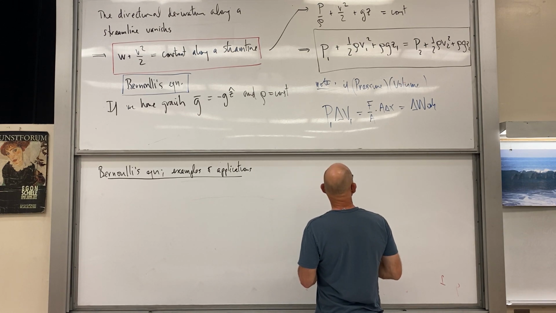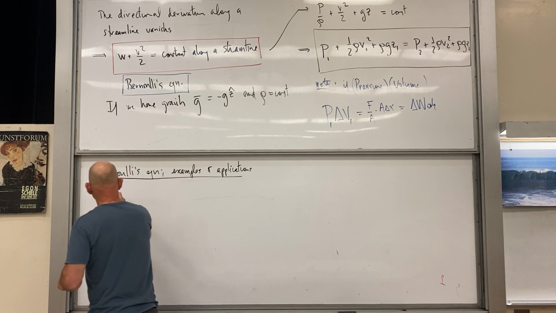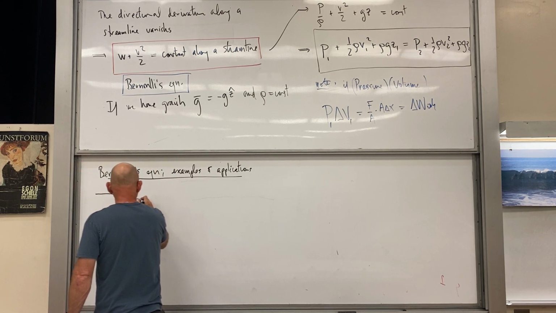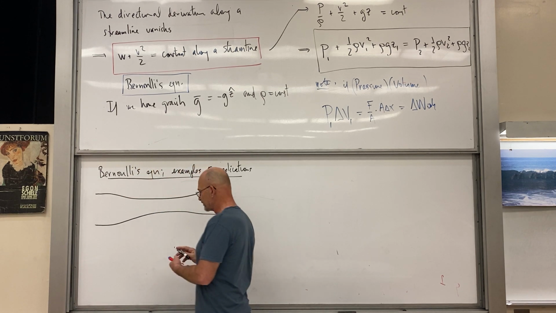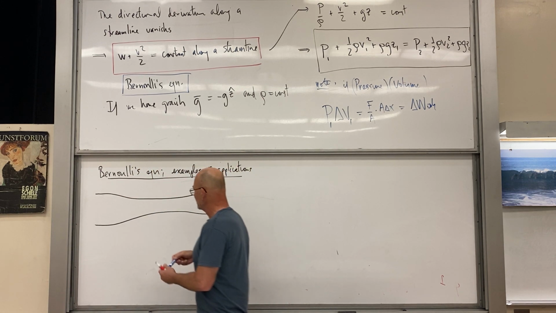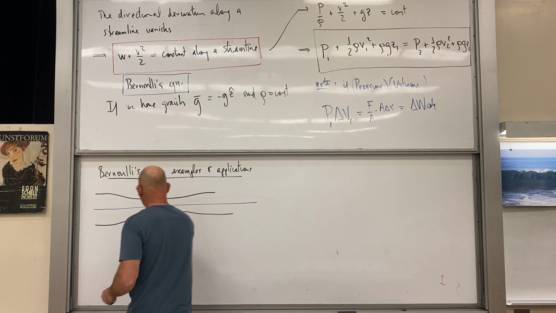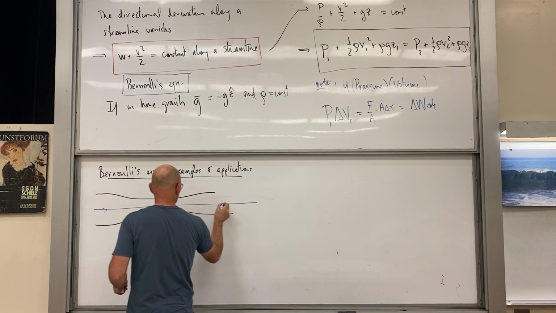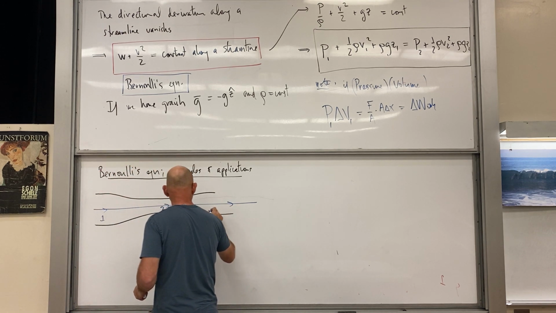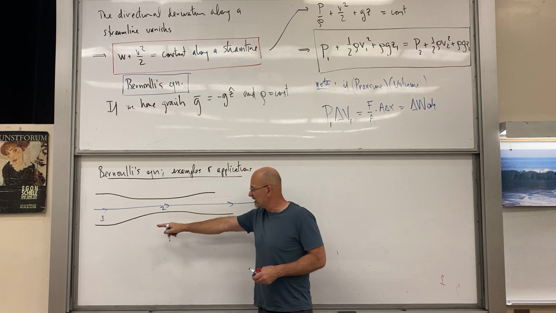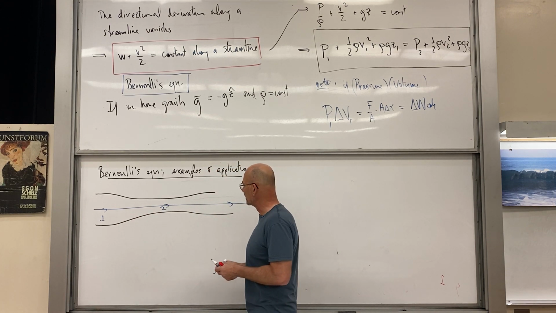So we're along a streamline, and the first thing we'll do is go back to our idea of a constriction. So we've got a flow and a constriction, and we're going along a streamline here, right down the middle. And it's pretty clear that V1 is smaller than V2 in the constriction here.